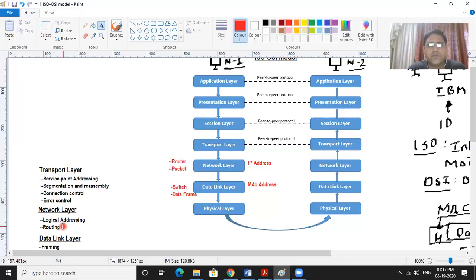Okay, let us suppose you send a mail through Gmail. But the Gmail server, let us suppose, is in the USA. So your mail will go to the server first. Now let us suppose the routers are connected in such a way that our network from India goes through the Middle East, but today there is some problem.